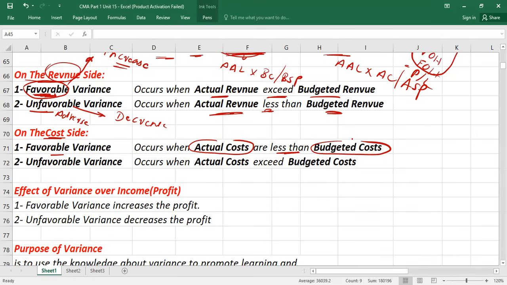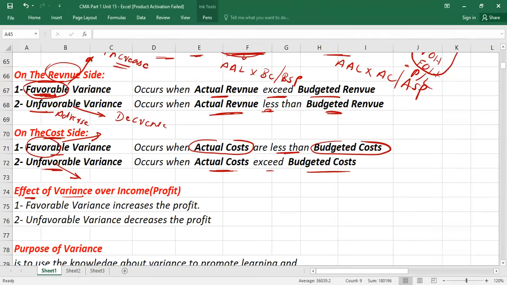This is called favorable, because actual cost is less, it is good. And when a variance is unfavorable, your actual cost exceeds the budgeted cost. Obviously, if your cost is exceeding the budgeted cost, it is called unfavorable. And again the same rule: favorable variance will increase your profit and unfavorable or adverse variance will decrease your profit.